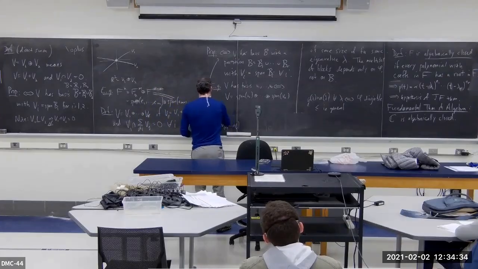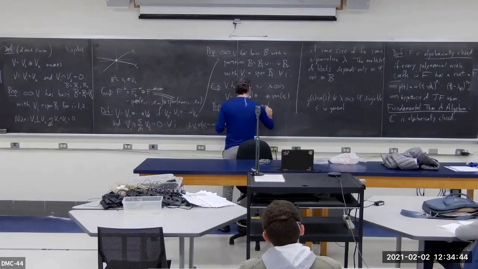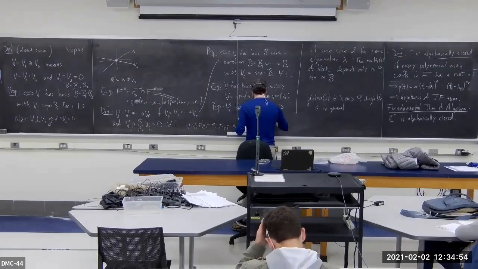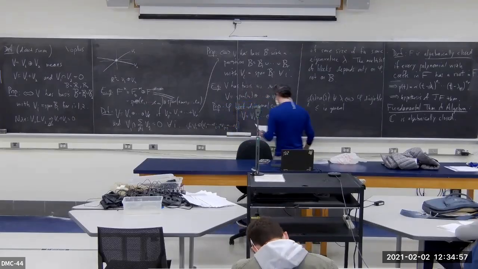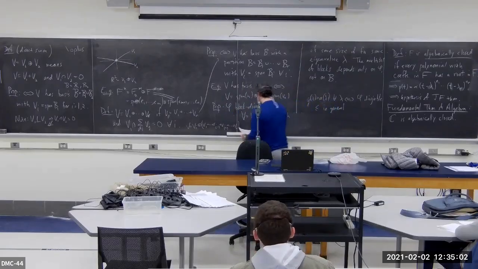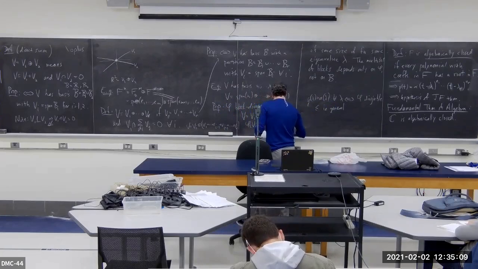And then the proposition is that phi is block diagonal if and only if V is equal to V1 direct sum up to direct sum VR, with phi of Vi contained in Vi for all i.